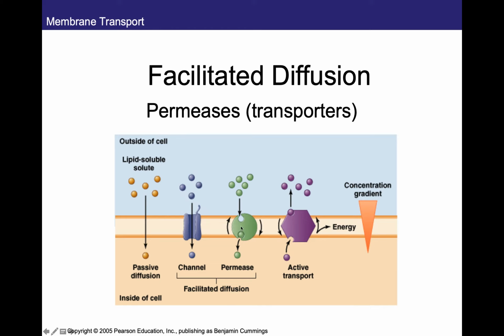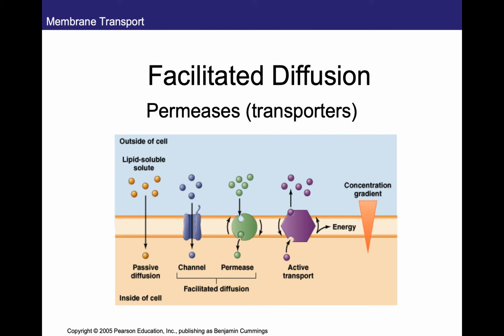SGLT1, we'll talk about that when we get to the gut. It's transporting glucose out of the small intestines into eventually the bloodstream, elevating your blood glucose levels. Again, there's a conformational change that occurs. Solute acts as a ligand, binds to the transporter, and then a subsequent shape change in the protein releases it on the other side.